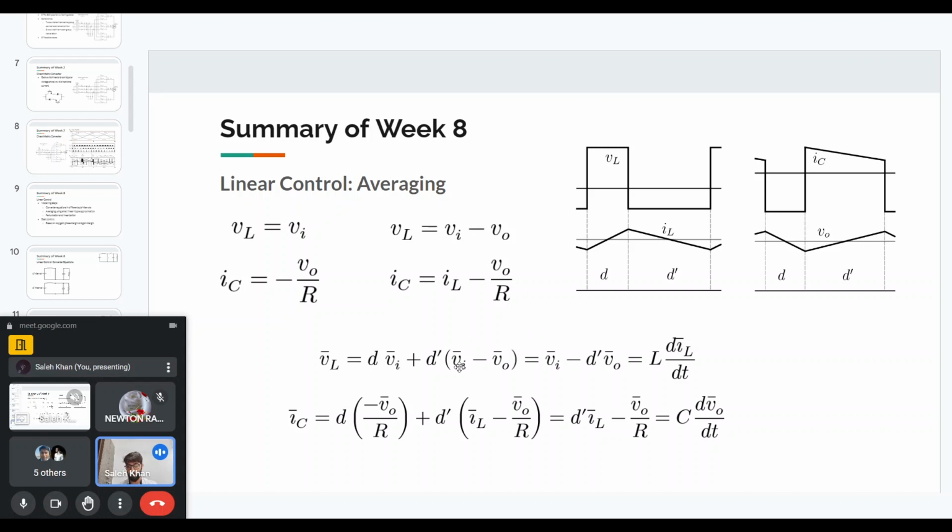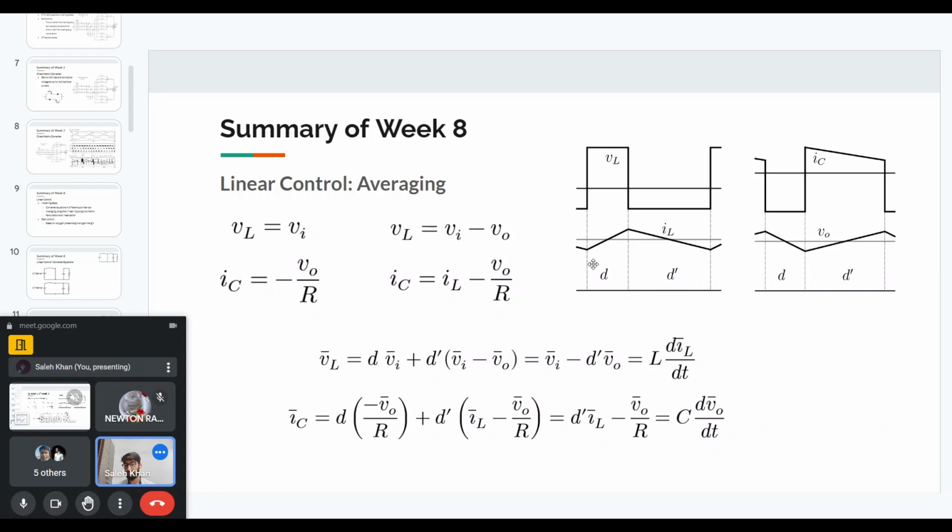And D prime is basically the fraction of time for which we have the D sub-interval. So for example, the whole time is, let's say, Ts, which is the switching period.